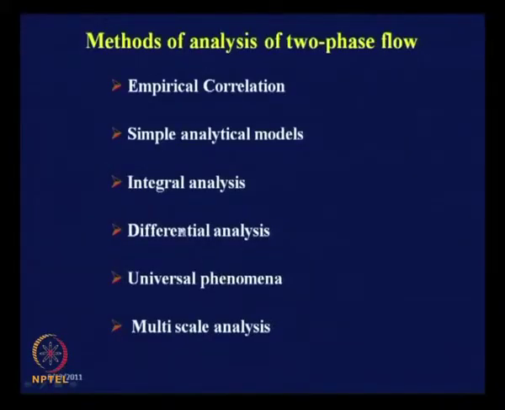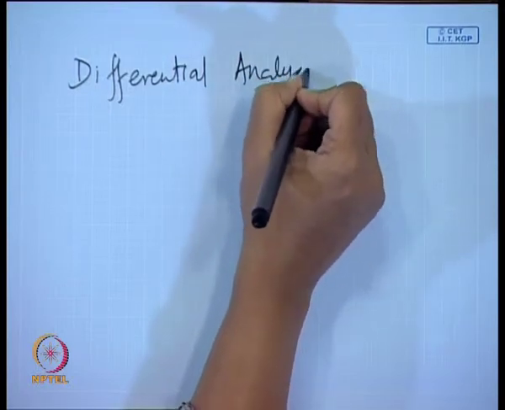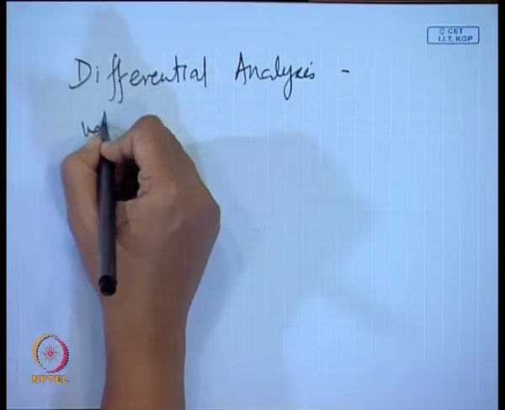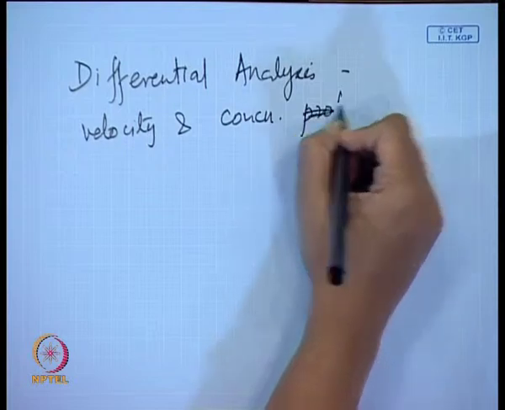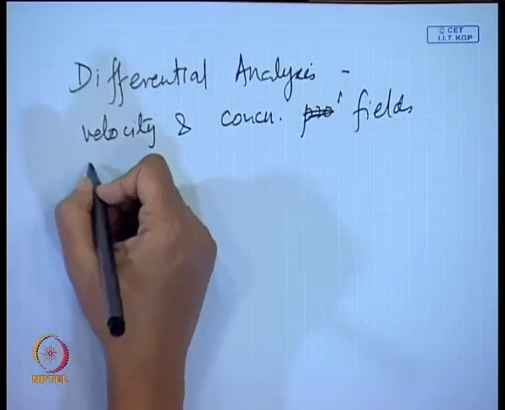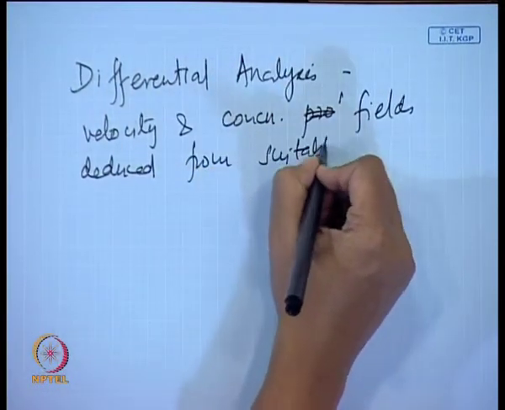Okay. For more accurate analysis, what we do? After integral analysis, we go for the differential analysis. Here we have noted it down in the form of increasing amounts of complexities. So, in differential analysis, again the same thing we do. Velocity and concentration fields, sorry, not profiles, fields, they are deduced from suitable differential equations.